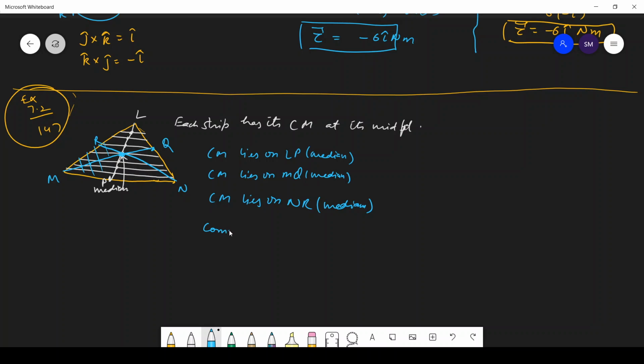So the common intersection point of all medians is the centroid. Therefore, the center of mass lies on the centroid.